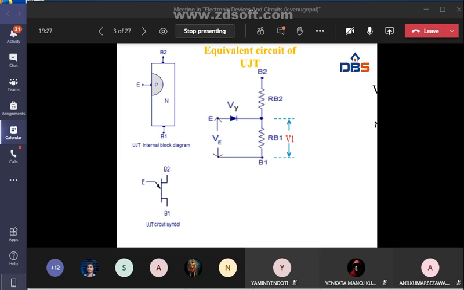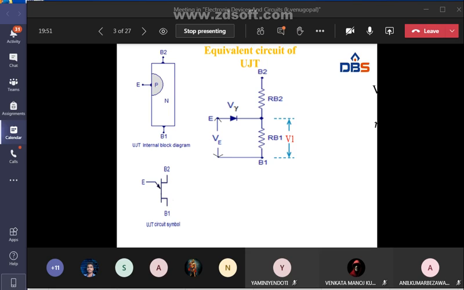It has 3 terminals: emitter, base 1 and base 2. So it forms a PN junction, since it has a P layer and an N layer.